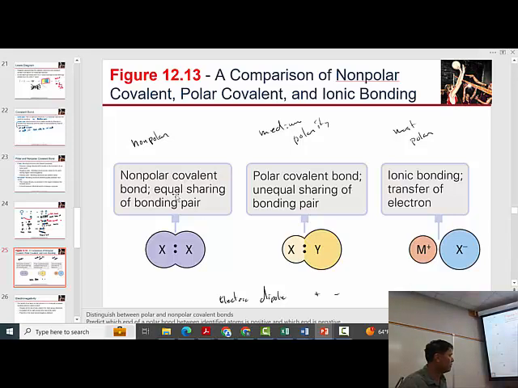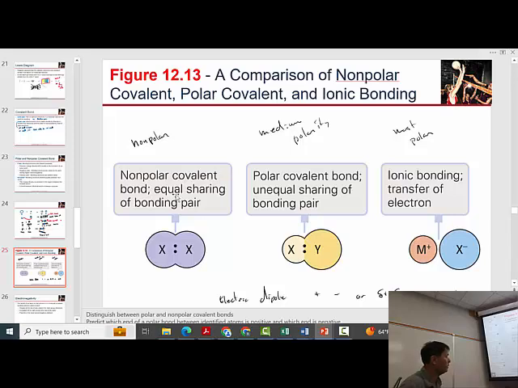And so we could have that, or a partial positive and a partial negative, or we use an arrow to indicate this. The arrow points at the negative and the tail is positive. And so these are electric dipoles. The biggest dipole is going to be the ionic bond.